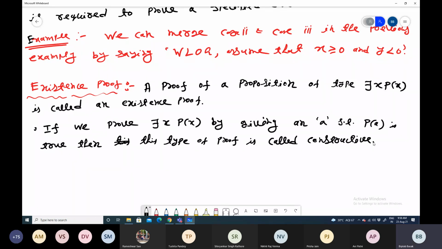So that's when you give one example that it is true, when you can find one A such that P(A) is true, then the statement "there exists x, P(x)" will be true.